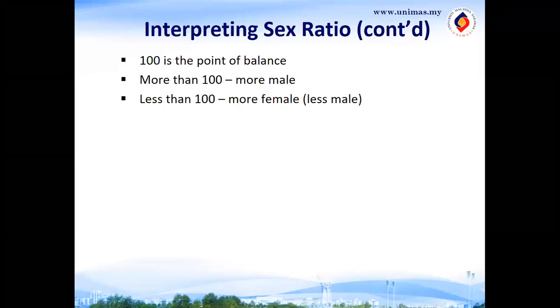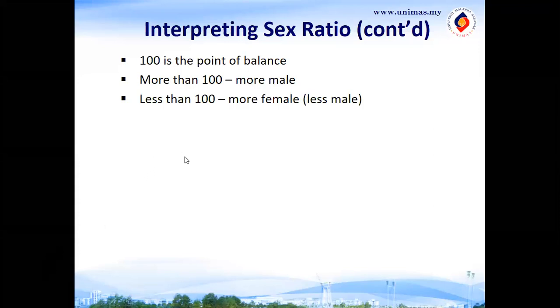So how do we interpret the sex ratio? Kalau 100, that is the point of balance, maksudnya equal number of male to female. If the ratio is more than 100, there are more male in the population than female. Sebaliknya, kalau kurang daripada 100, there are more female and less male.